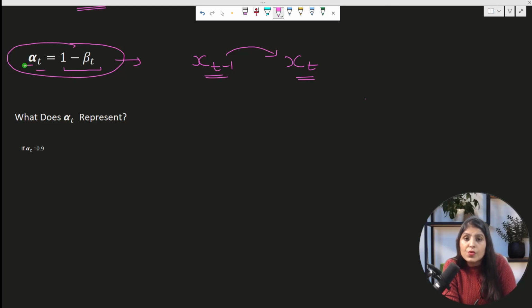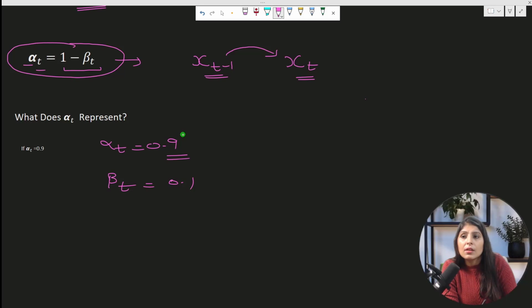And now we are going to have some value of alpha for each time step and some value of beta for each time step. Let's understand the value of alpha with an example. Let's say you have alpha t 0.9. What does it mean? If the value of alpha is 0.9, what will be the value of beta? The value of beta will be 0.1.